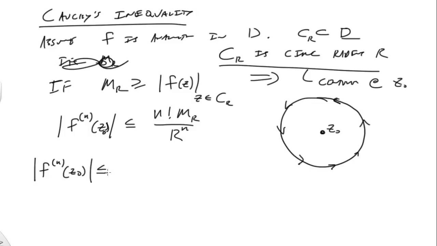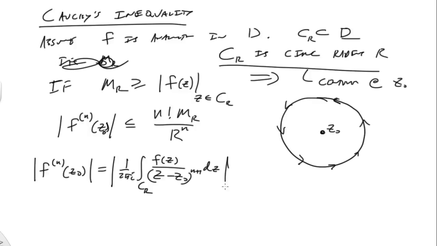We know that this is equal to 1 over 2 pi i integral on CR of f of z over z minus z naught all to the n plus 1th power dz. Okay, but this is a circular path, which means now we can use our modulus bound.